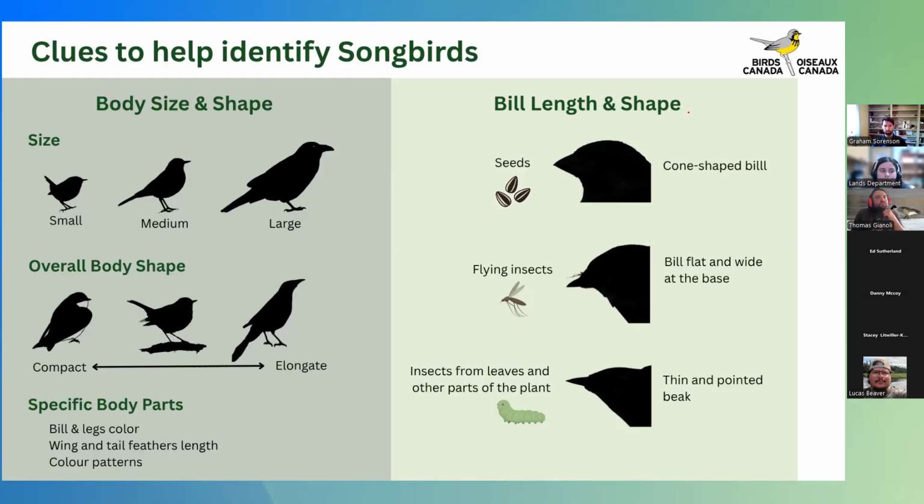And often to separate the groups of birds is the bill length and shape. So the shape and length of the beak can tell you what they eat. So for example, if you see a cone-shaped bill, you're pretty sure that it's not, for example, a warbler. So you can go by exclusion that it's not that species of bird. You can then look at a guide, for example, to explore more easily what species it is.